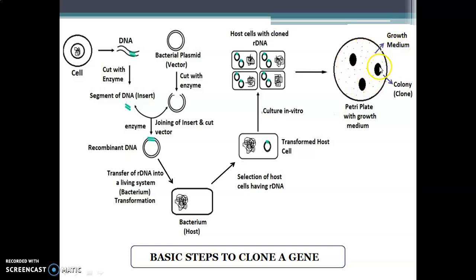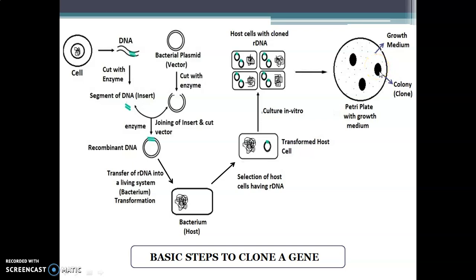In each and every colony there will be thousands of bacterial cells, and within those thousands of bacterial cells there will be millions of copies of the recombinant DNA, and in those millions of copies of recombinant DNA there will be millions of copies of the gene of interest.